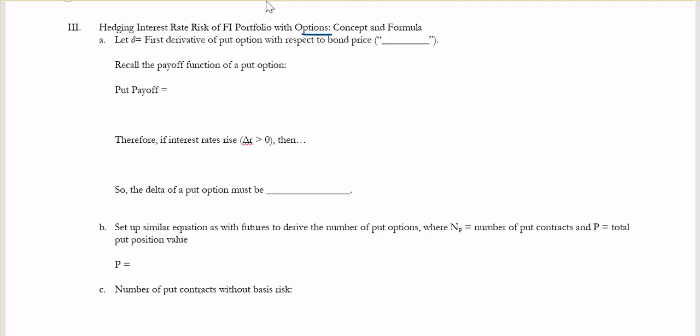In a put option, where it's the right to sell, the value of the option will go up when the underlying asset goes down. Now the statistic, or the name for really the first derivative of the price of the call or the put with respect to the underlying asset's value, is called the delta.